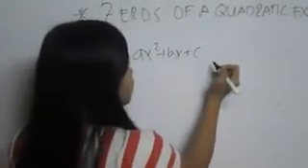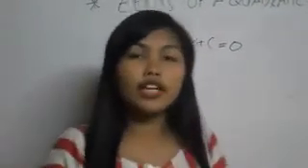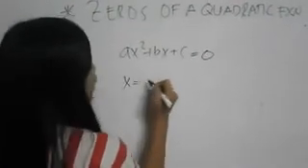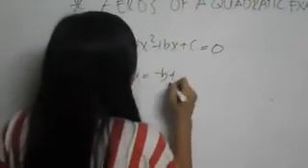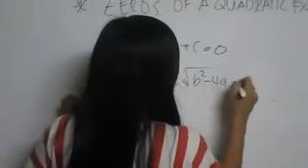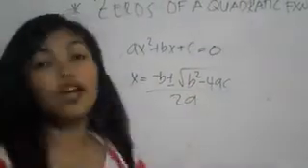Next, in determining the zeros of a quadratic function by using the quadratic formula, ax squared plus bx plus c is equal to 0. This is the quadratic function. Then x is equal to negative b plus or minus the square root of b squared minus 4ac, all over 2a, is the quadratic formula.